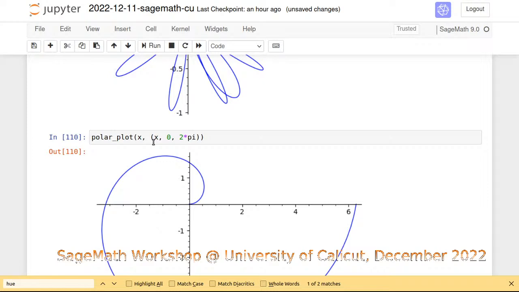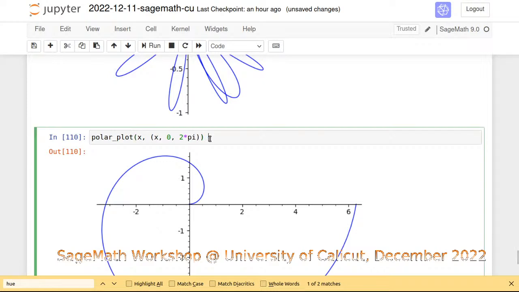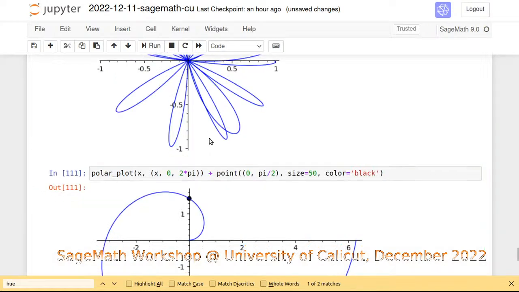R theta is equal to pi by 2, pi by 2 means that in the angle pi by 2, go up to pi by 2 distance. Point pi by 2, which is x equal to 0, pi by 2. Let's see. See this?